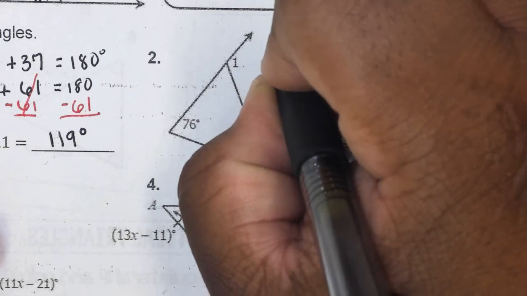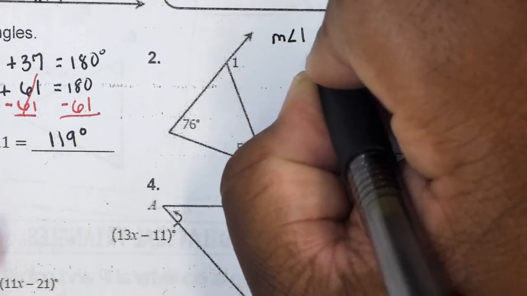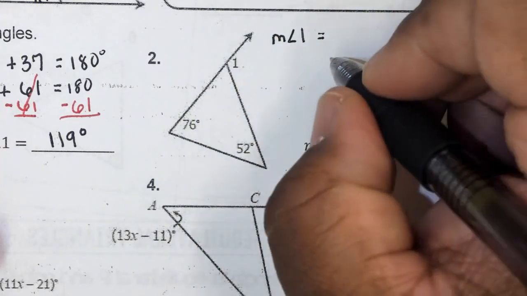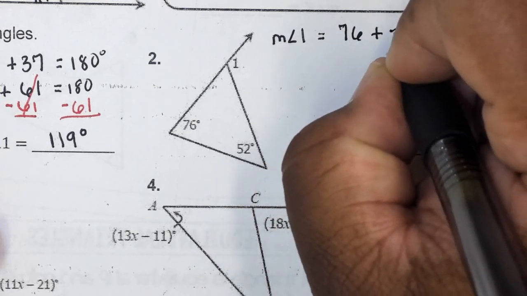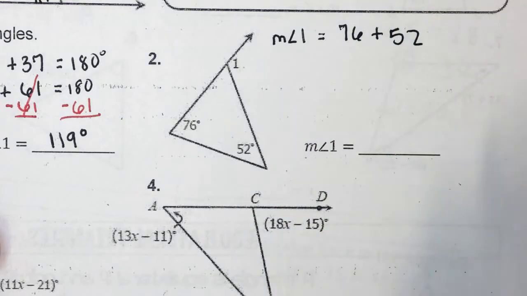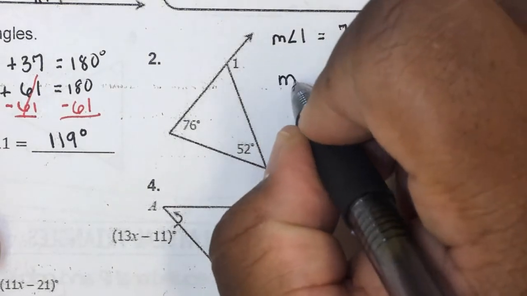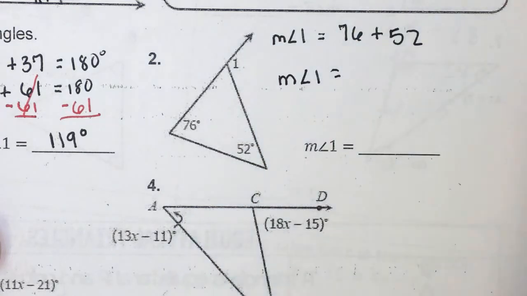So using that concept, I'm going to write an equation to solve. Measure of angle 1 equals 76 plus 52. And then just add together. Measure of angle 1 equals 128.